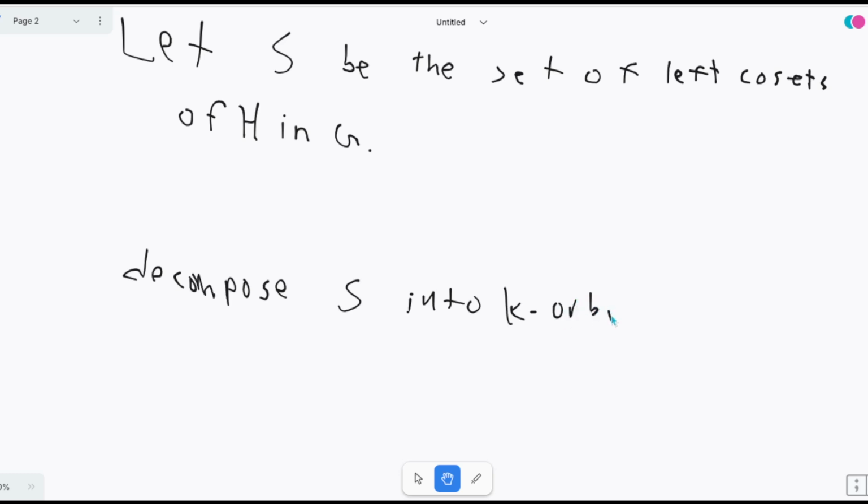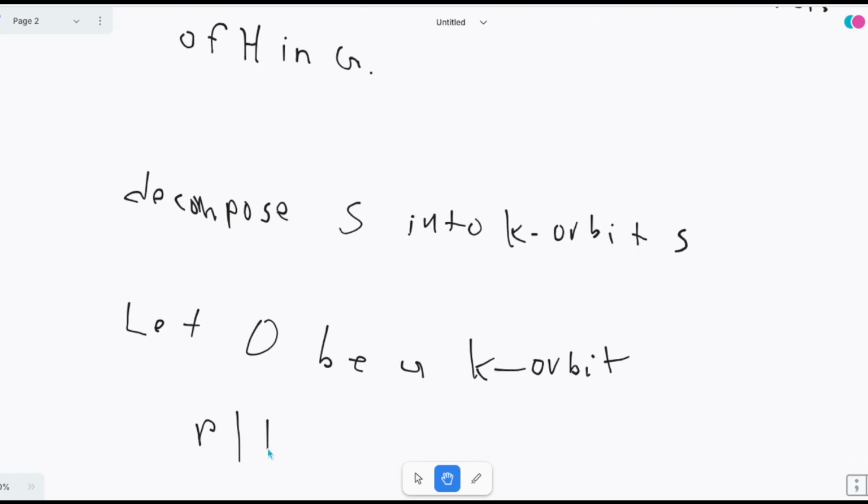Now the order of S is coprime to P. So there is some K orbit O such that P does not divide O.